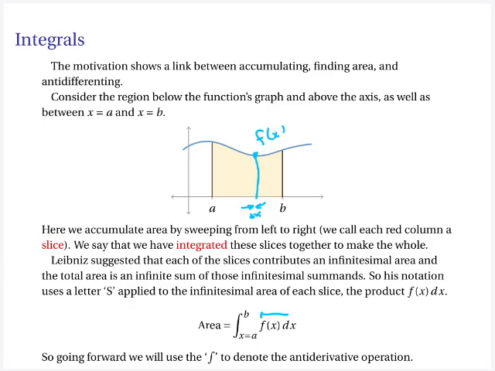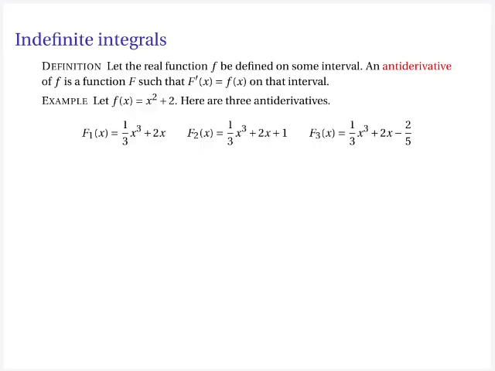So there's f of x times dx. That's the infinitesimal area of that slice in Leibniz's mindset. And so he's got a sum. So he uses the letter capital S to represent accumulating together all of those infinitesimal things. That capital letter S has gotten a little stylized over the years, but we're going to use it to denote the antiderivative operation, the direction to find the function whose derivative is the given one.